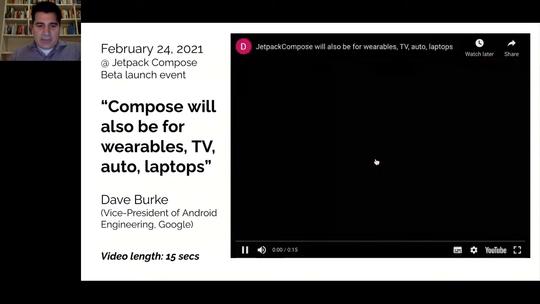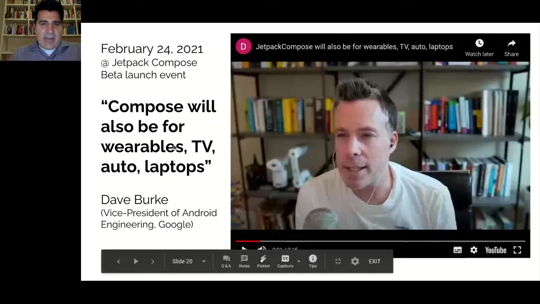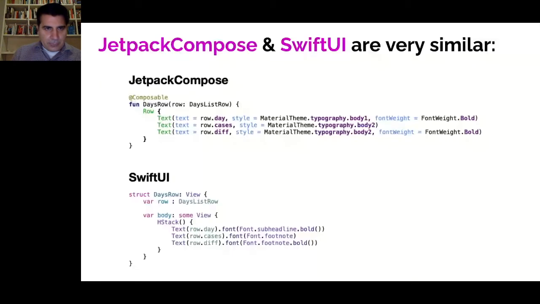Okay, so let's have a look, very briefly, at how Jetpack Compose and SwiftUI code looks. As I was telling you earlier, components don't have IDs. Here you have a Row in Jetpack Compose, which is equivalent to a horizontal linear layout.